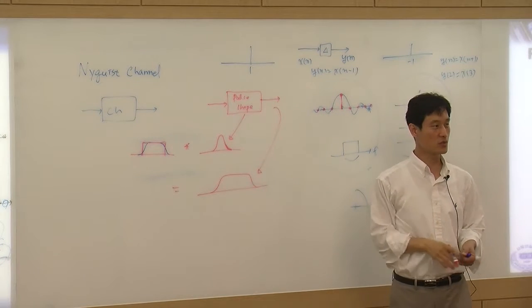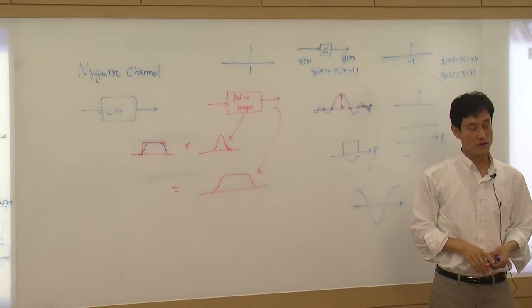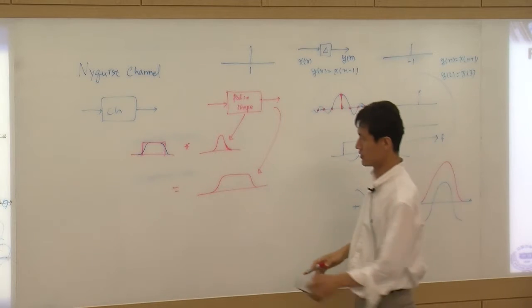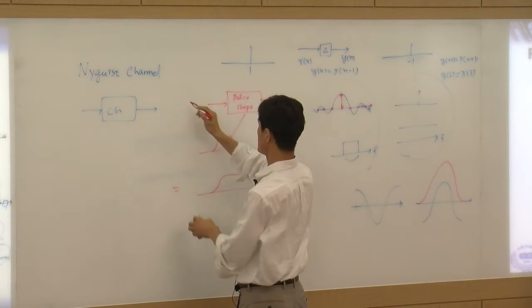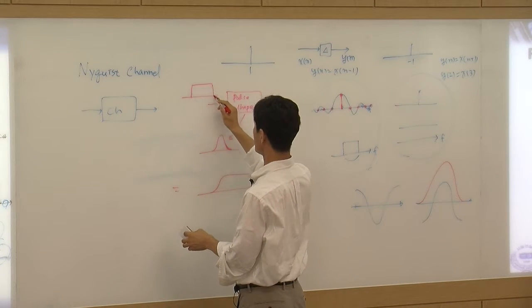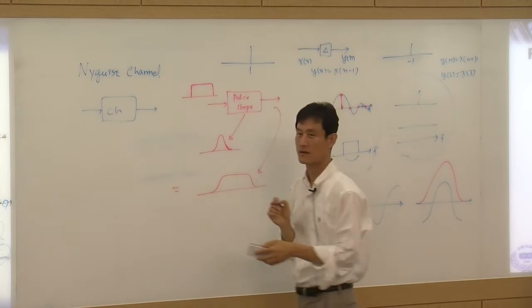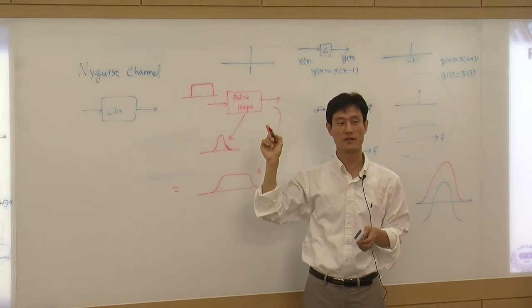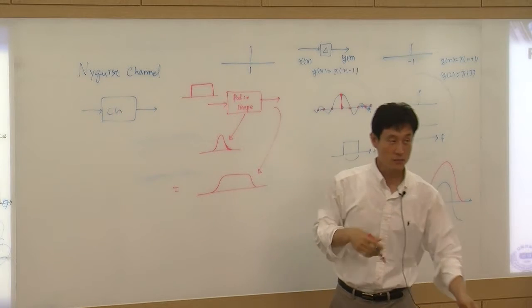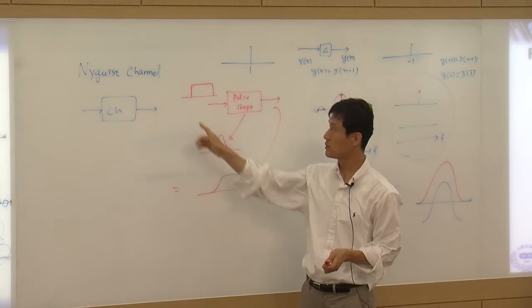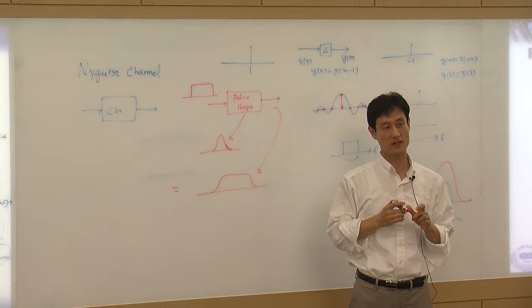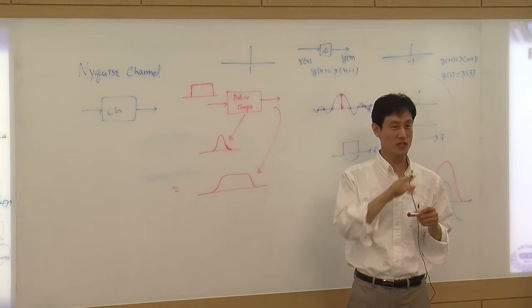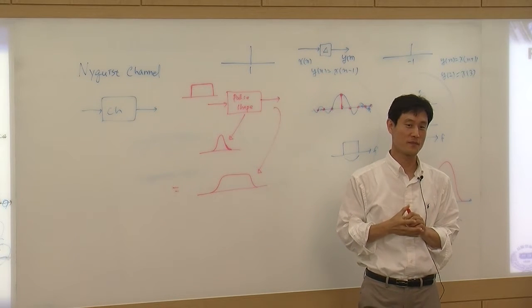So why do you call this a pulse-shaped filter? That's because your original input sequence looks rectangular. Rectangular is your input. In practical systems, you can never transmit a rectangular signal. Why is that?